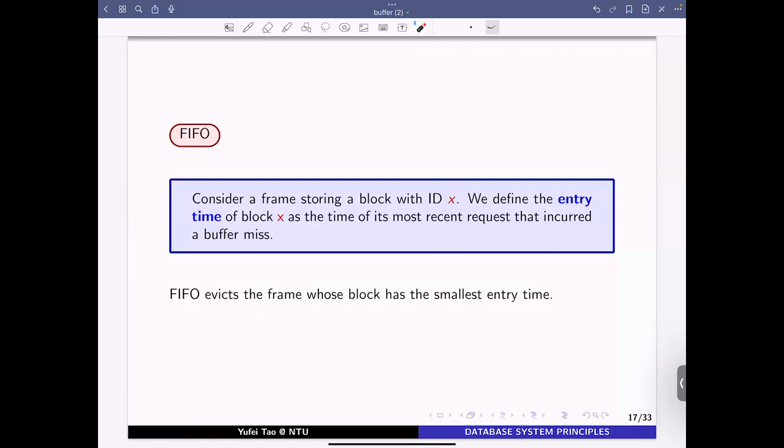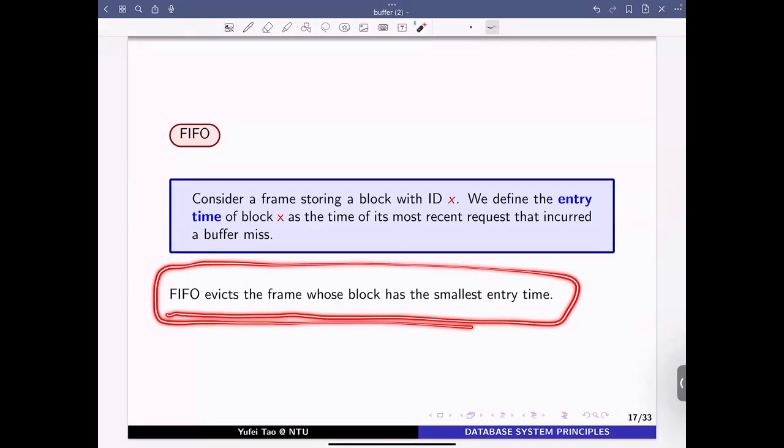Okay, that's the entry time. Then FIFO says, if somebody arrived earlier, it will be removed earlier. That's why FIFO.